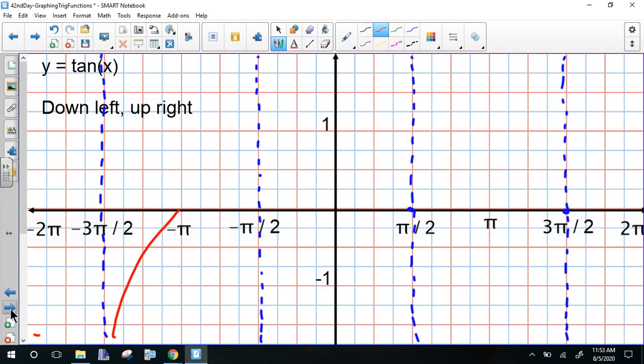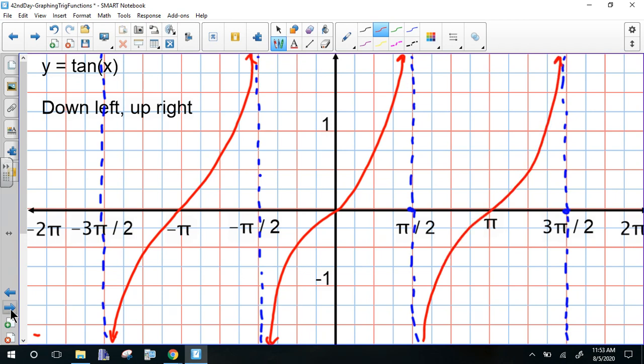Remember, tangent of negative pi will be 0. Looks like that. Tangent of 0 was 0. Goes to that point. Tangent of pi was 0. So that's how tangent looks. Very different from sine and cosine.